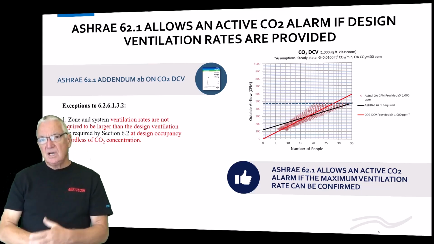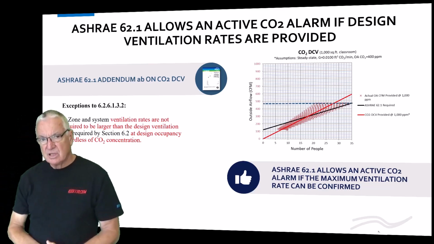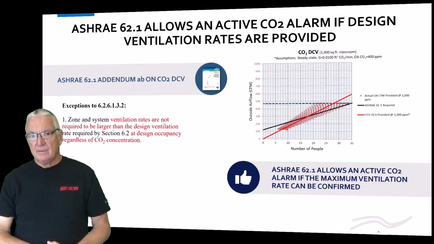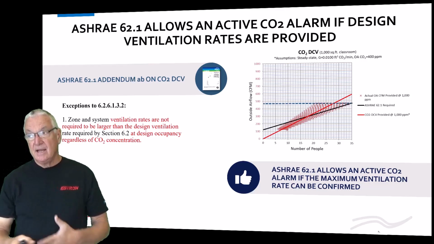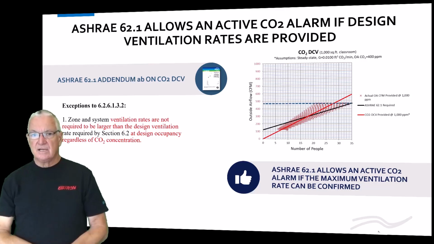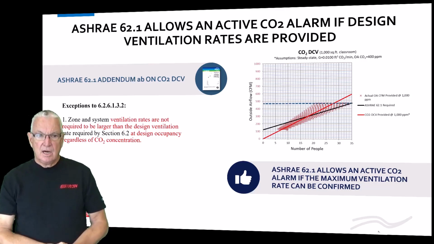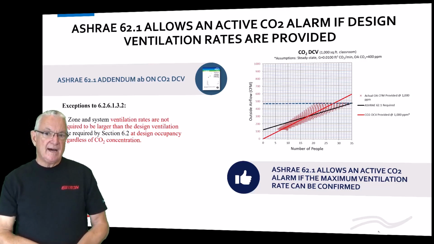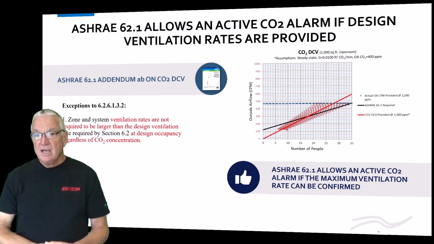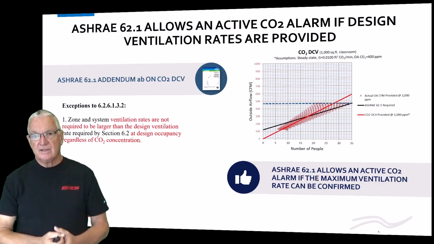So the one nice thing is both Title 24 and new language in Standard 62 do allow you to be essentially in CO2 alarm if you can demonstrate that you've brought in the maximum amount of outdoor air for the design.